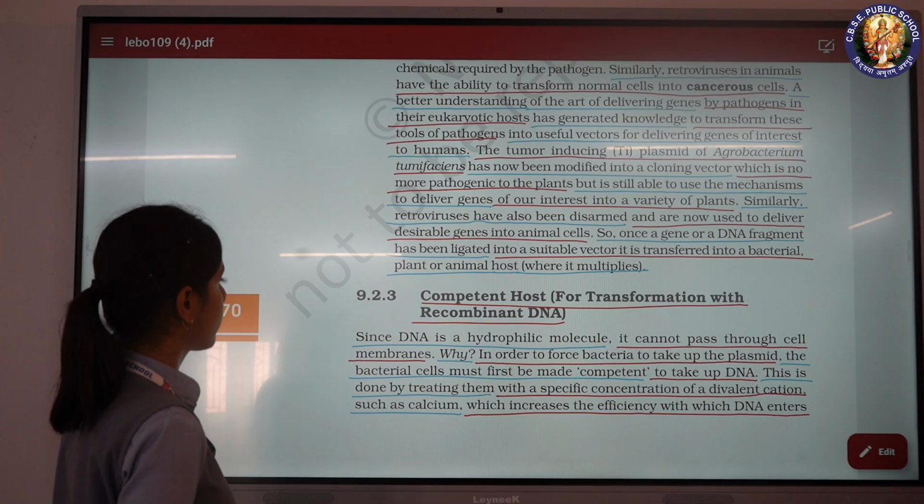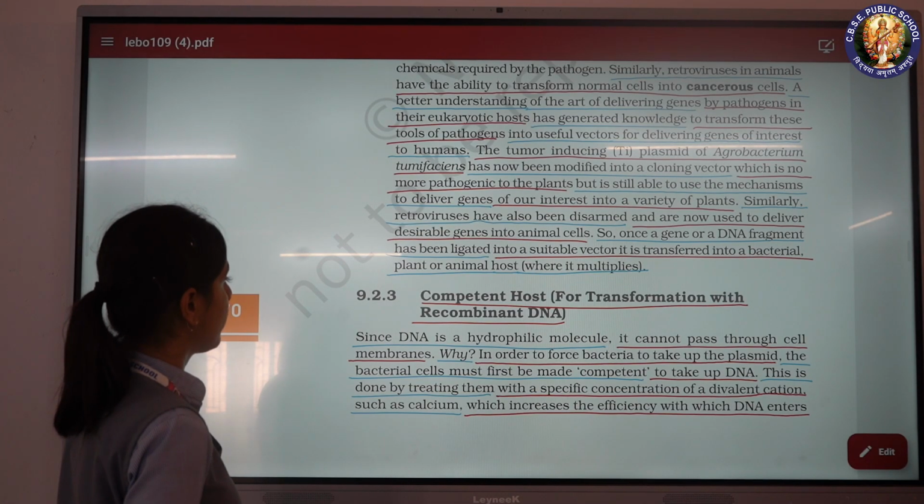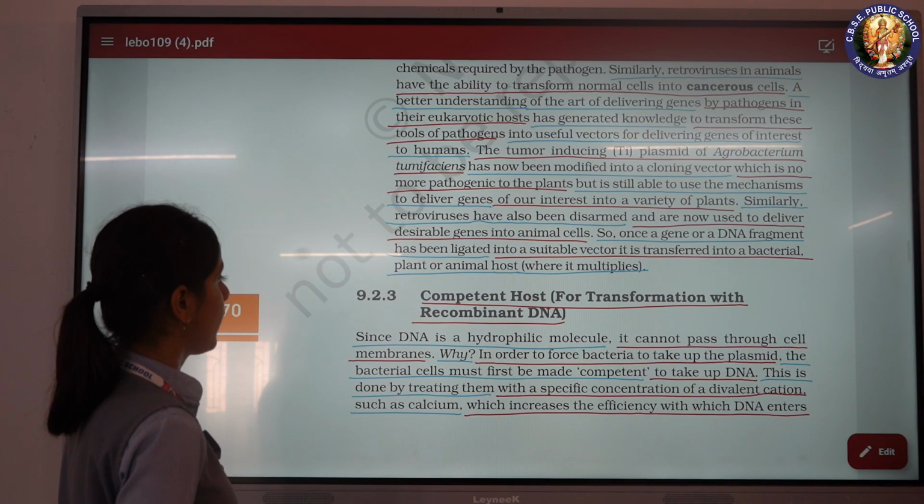Why? In order to force bacteria to take up the plasmid, the bacterial cells must first be made competent to take up DNA.